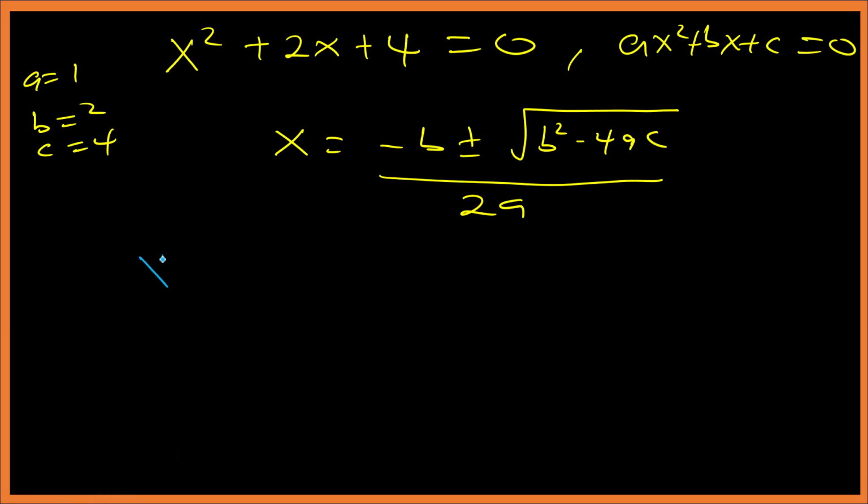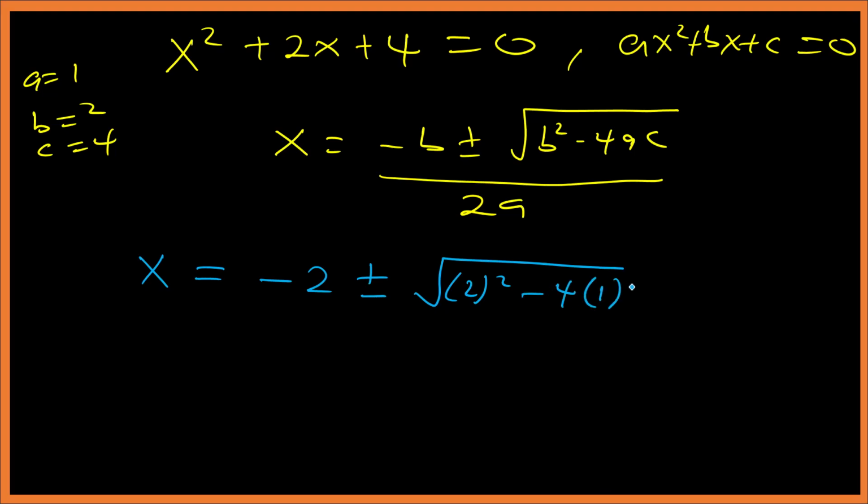So b is 2, so we have minus 2 plus or minus square root of 2 squared minus 4 times 1 times c, which is 4, over 2 times 1.